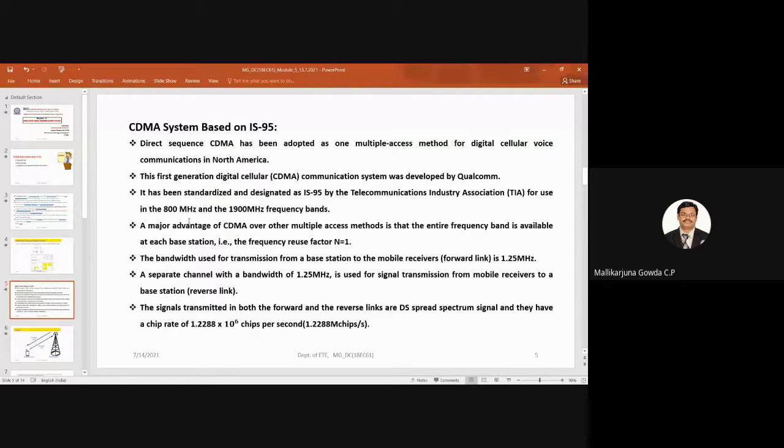So the bandwidth available to every user is large compared to FDMA or TDMA systems. That is why we say the frequency reuse factor is 1. Hope you understood this point.